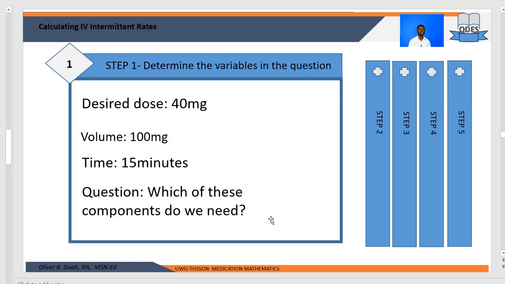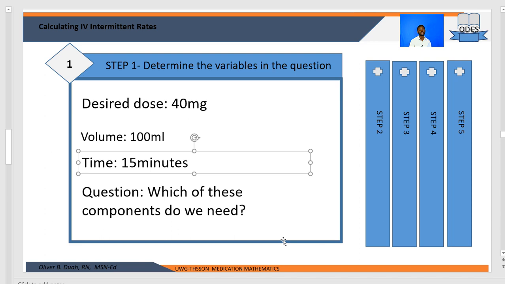Okay. So let's determine the variables in the question. We have a desired dose, which is 40 milligrams. And then we have a volume, which is 100 ml. And we have a time, which is 15 minutes. Which of these components do we need in our calculation?